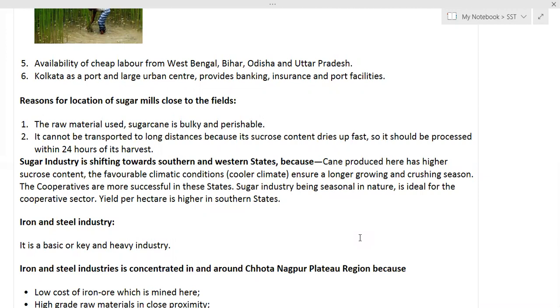Second, it cannot be transported over a long distance because its sucrose content dries up fast. Sucrose is very well present in Maharashtra and Gujarat. Sucrose is something the plant needs as nutrition for growth. So it should be processed within 24 hours of its harvest.